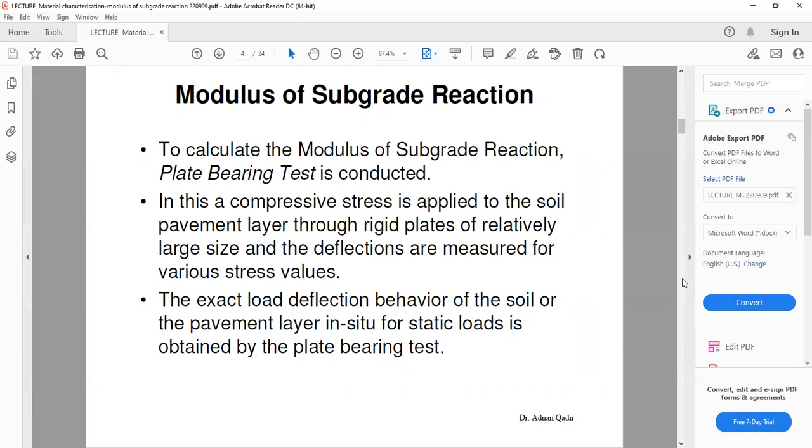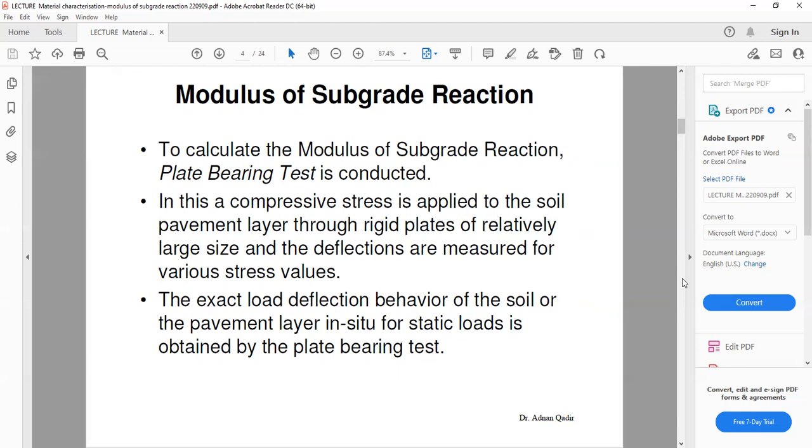We cannot categorize this as a laboratory test. It's a field test, though some of its requirements are also based on laboratory tests as well. But basically, it's a field test. So what would you do?